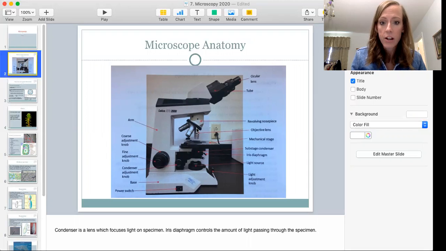If you look down here, there's what's called a revolving nose piece. And that nose piece has usually 3 or 4 different objective lenses that you can set it to. The smallest could be 4 times or 10 times up to 100 times.